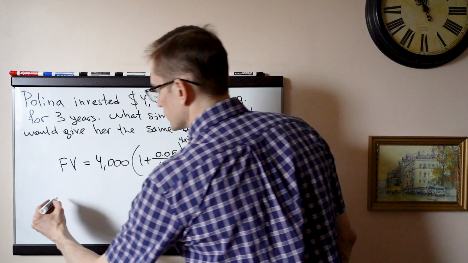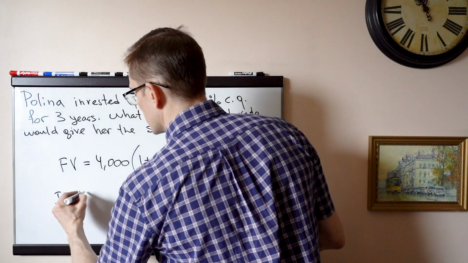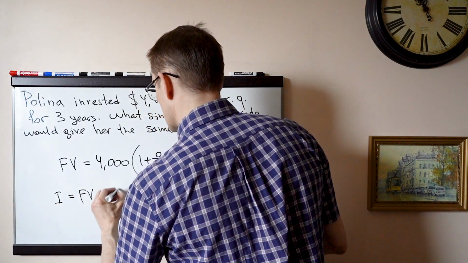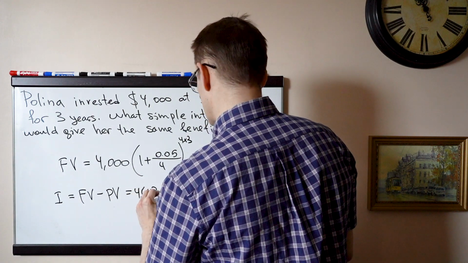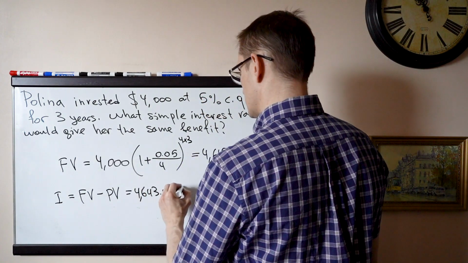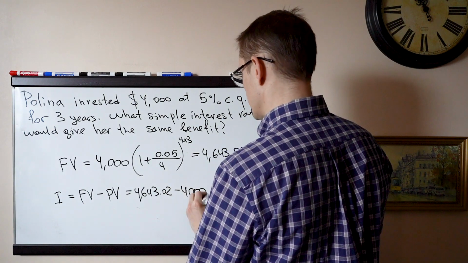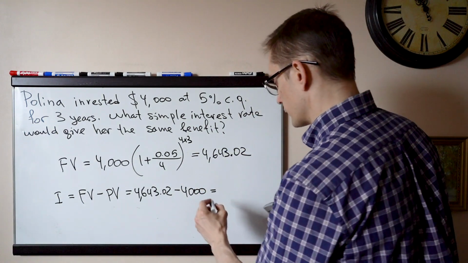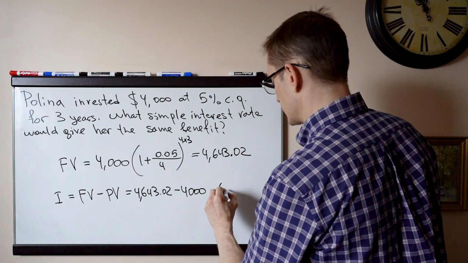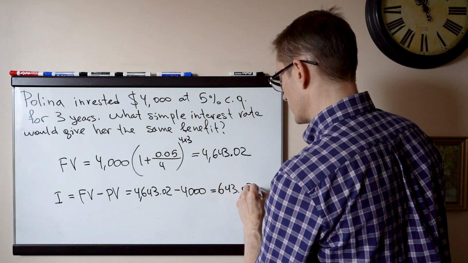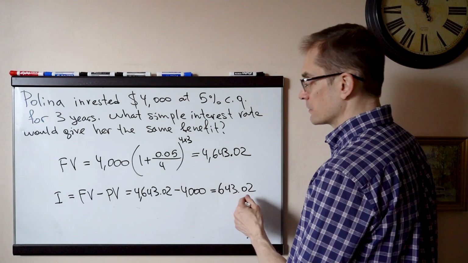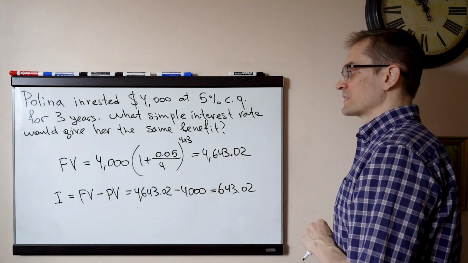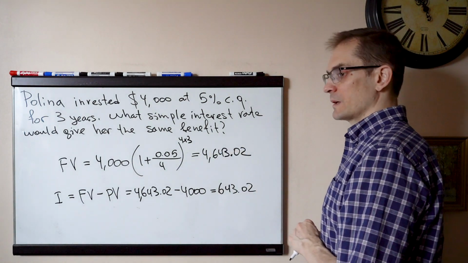So what is the interest earned? Interest earned is future value minus present value. We have 4,643.02 minus 4,000, and it's of course 643.02. That's the interest.